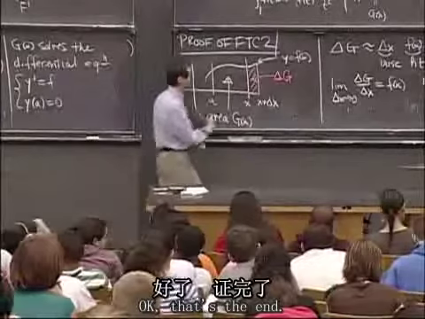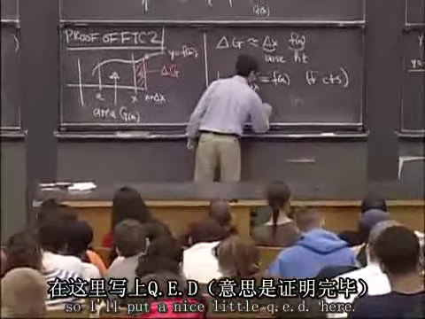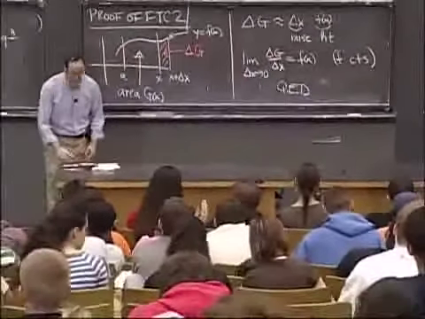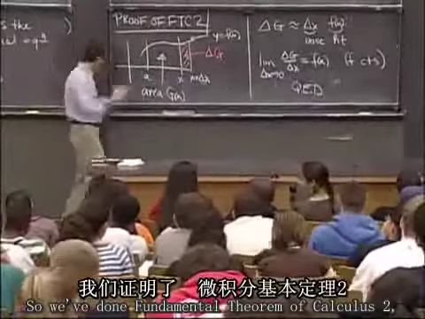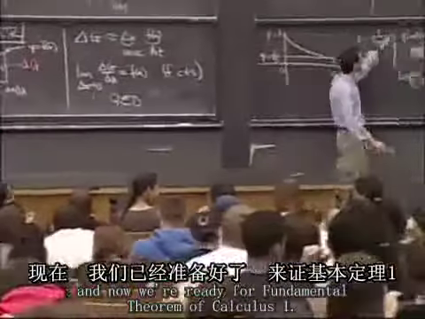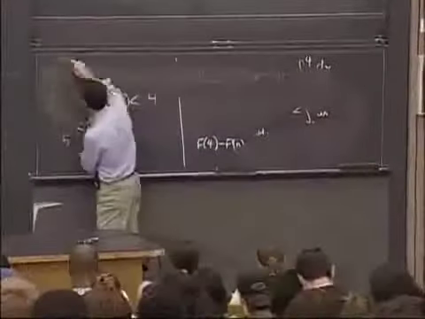Okay, that's the end. This is the end of the proof. So I'll put a nice little QED here. All right. So we've done fundamental theorem of calculus 2, and now we're ready for fundamental theorem of calculus 1.